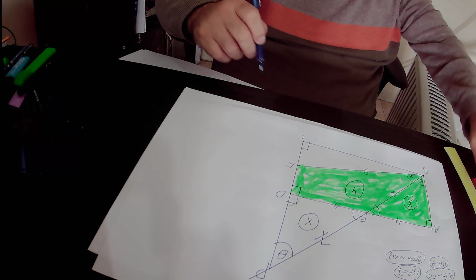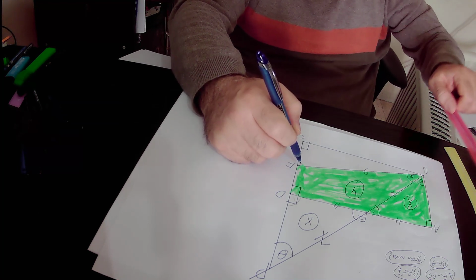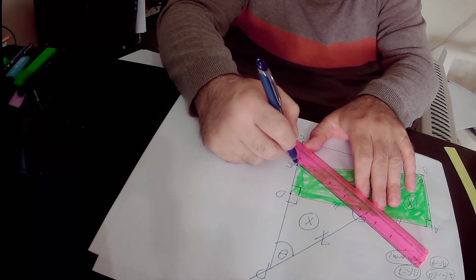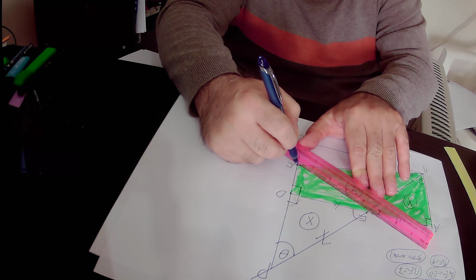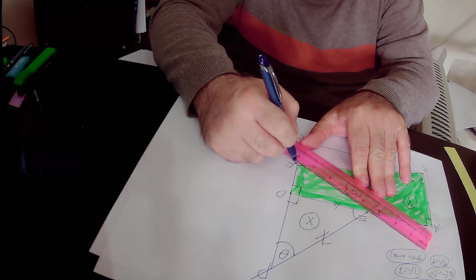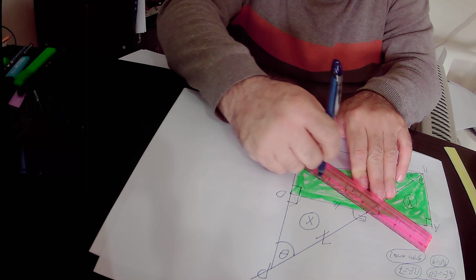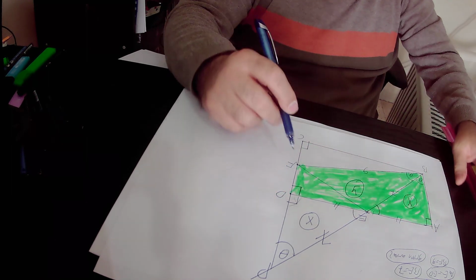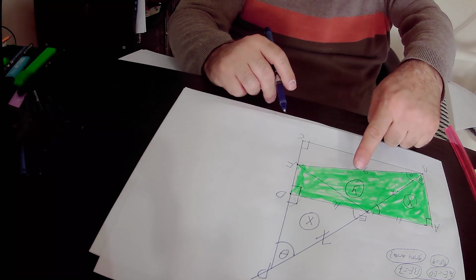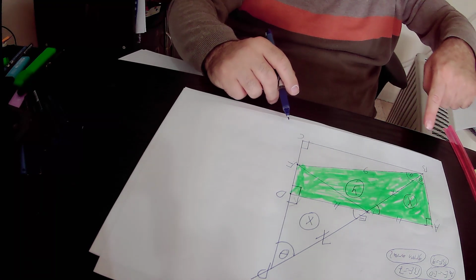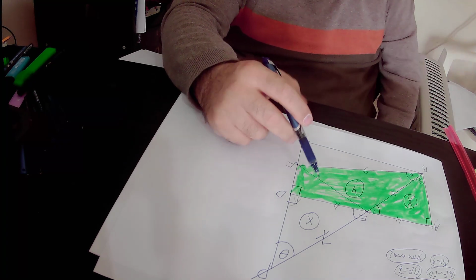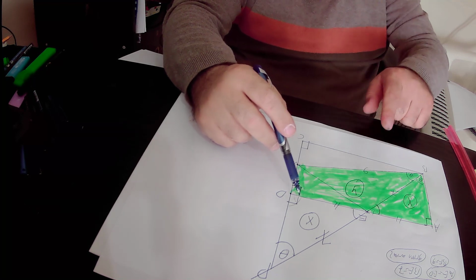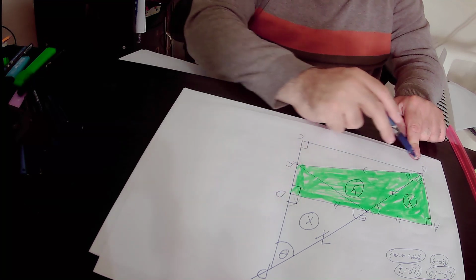So the median from point F to the base BP, that is to say FE, the median FE to the base BP in the isosceles triangle BPF, divides the base BP into two equal parts.